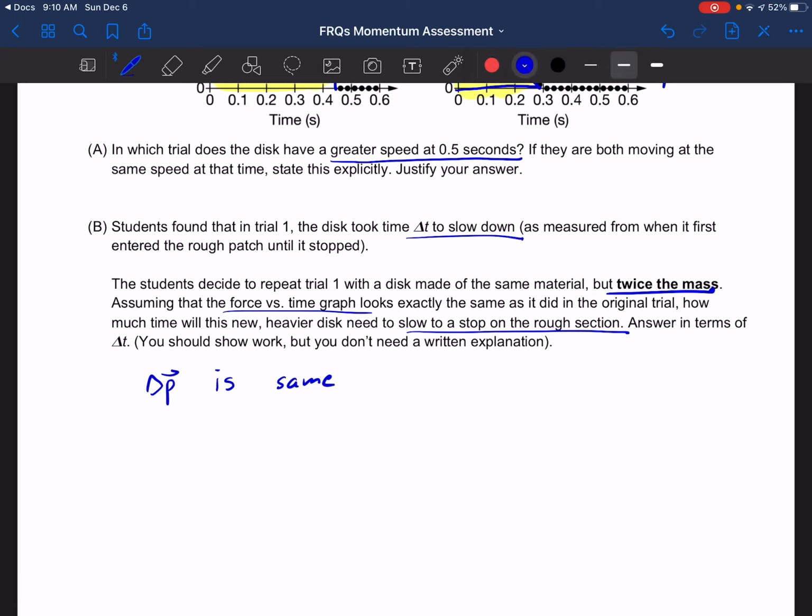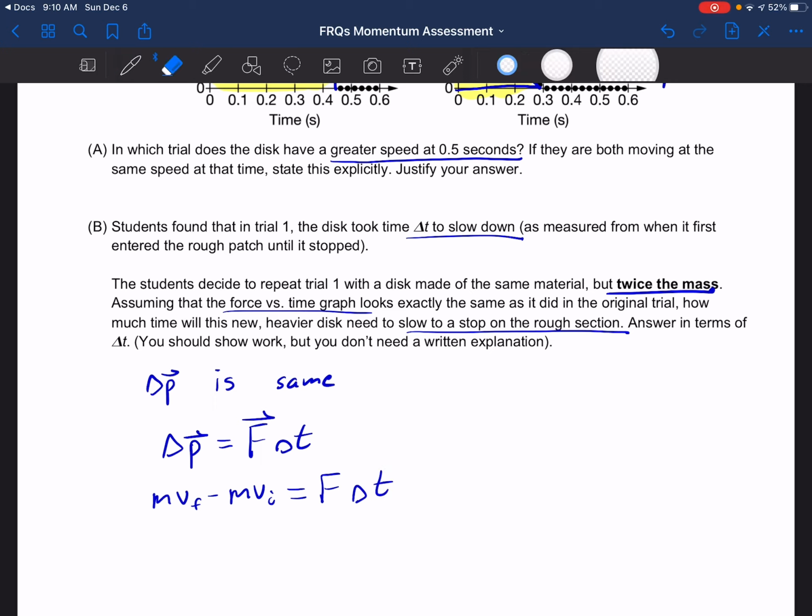Or if we could just write it out, as it's coming to a stop, we know that delta P is equal to F delta t, and this is P final minus P initial, which is m vf minus m vi, and this is equal to F delta t.